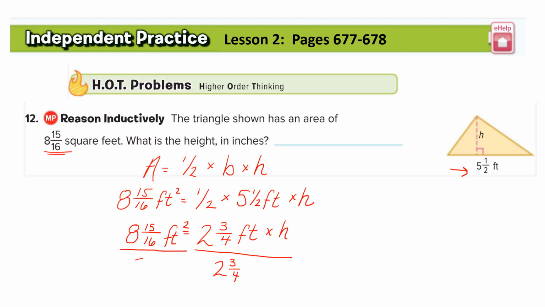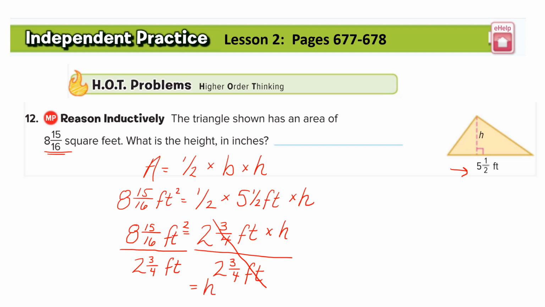Now I'm going to divide both sides by 2 3/4 feet. That cancels out on the right, so I have h for height left.